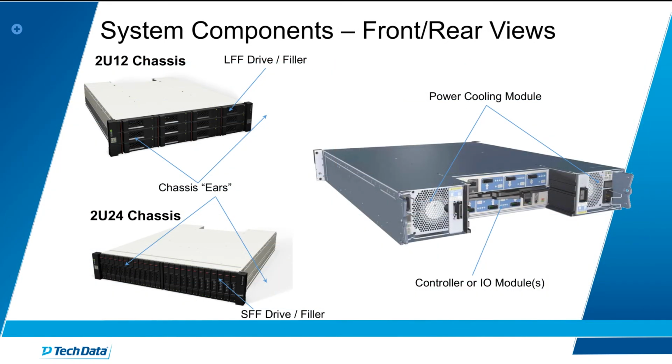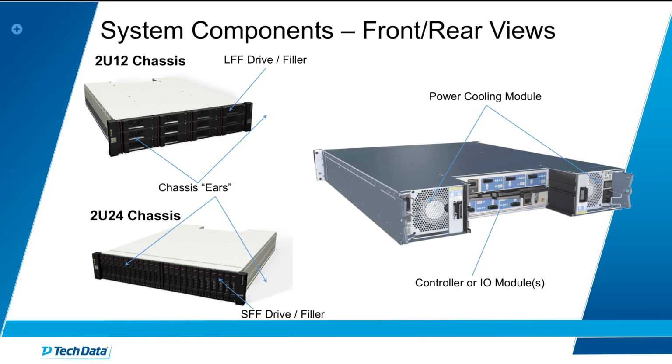System components, front and rear views. As you can see, the 2U large form factor chassis will host up to 12 HDD or SSD drives. The 2U24 chassis includes 24 drive capabilities for small form factor drives, to include SSD, flash, and standard HDD.